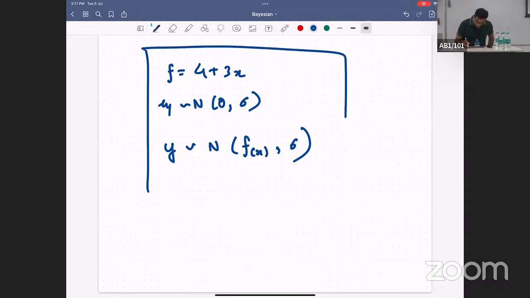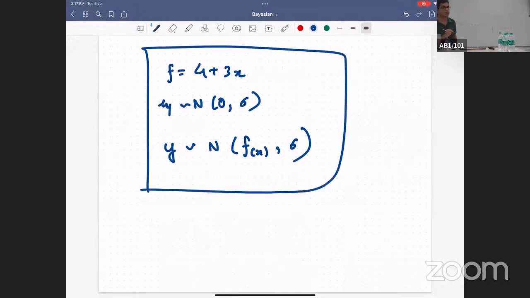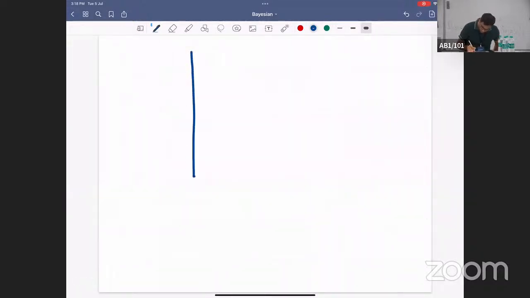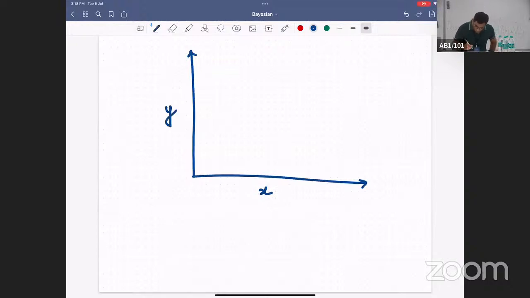Now this is an important statement. Do you agree with this or don't you agree with this? I mean, for a given x, that's why I've written it. So let's think of it this way. Let's have x and y, and let's pick x equal to 1.